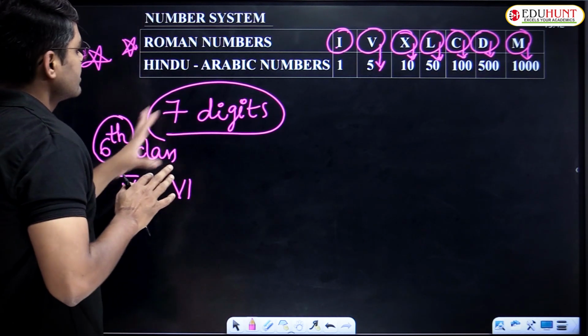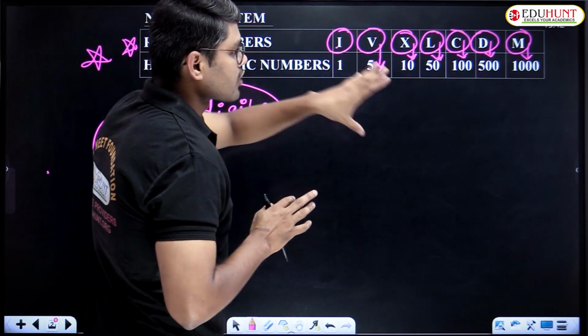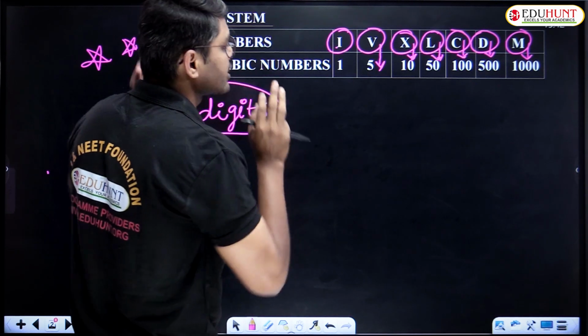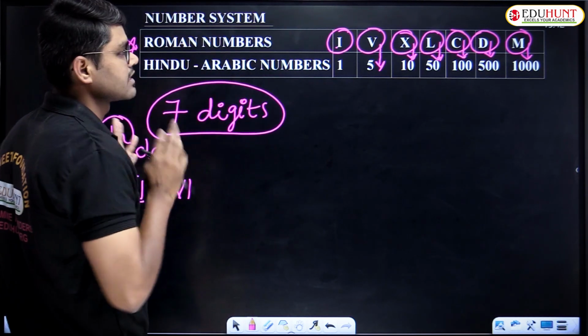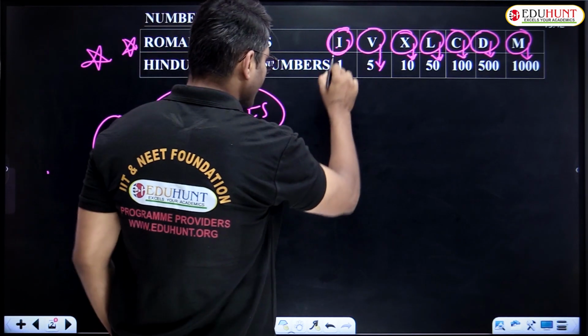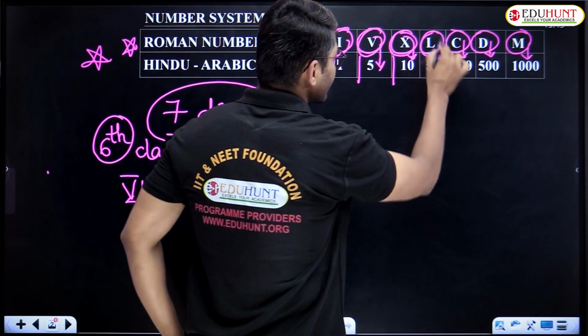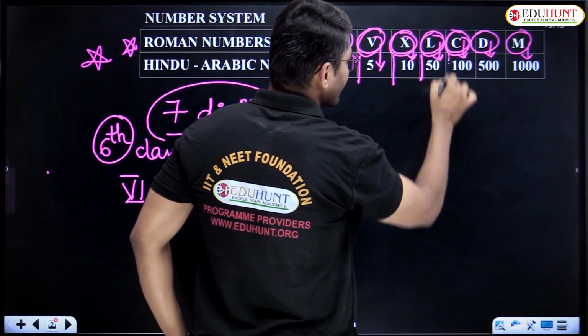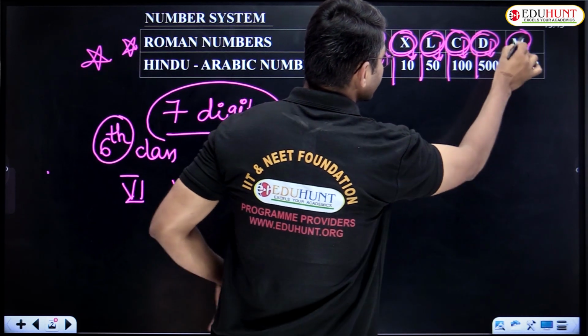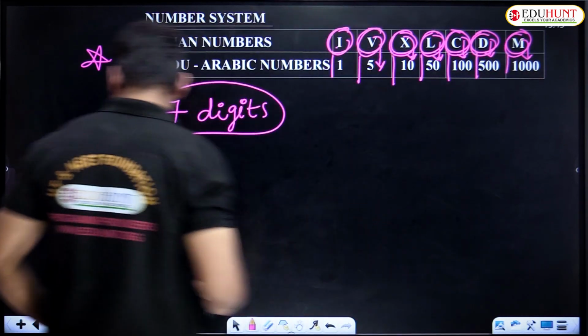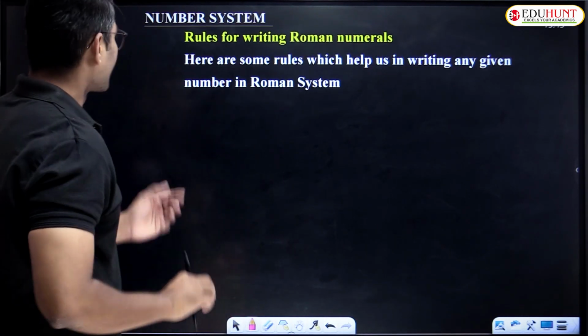These are very important digits in Roman numerals. You have to remember them for a long time, otherwise you cannot form the numbers. I 1, V 5, X 10, L 50, C 100, D 500, M 1000. It's very important.